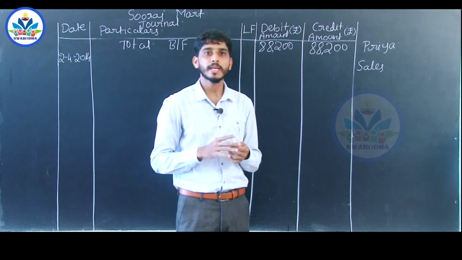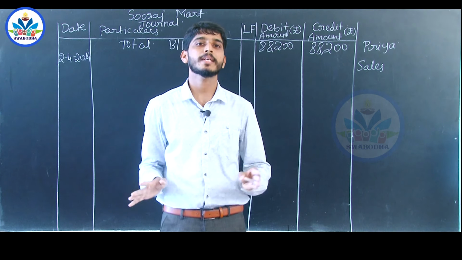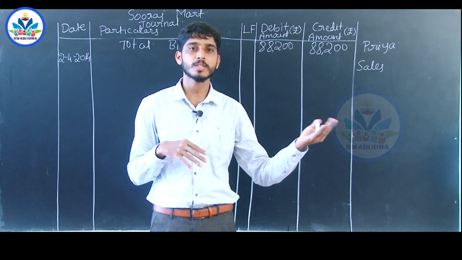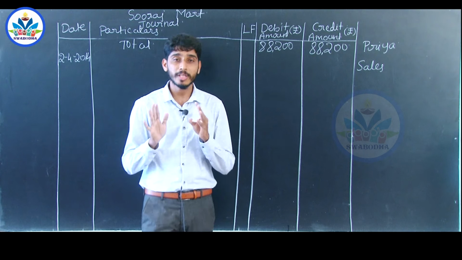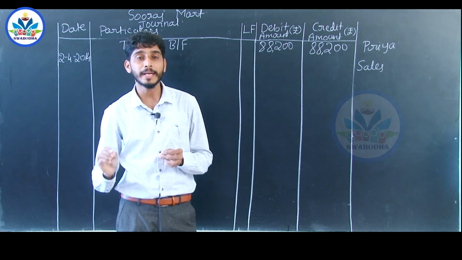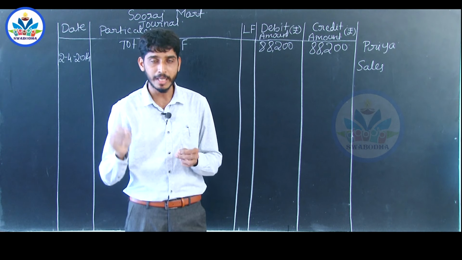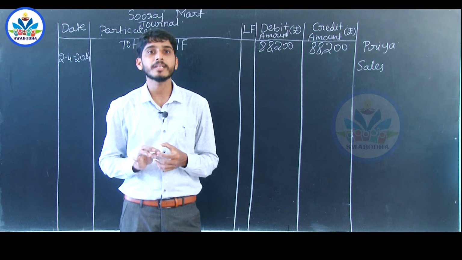Goods sold to Priya for rupees 16,000. No information is given whether it has been sold on cash basis or credit basis. Since the information about cash is not mentioned and the name of the person to whom it has been sold is clearly mentioned, we consider this transaction as credit transaction.